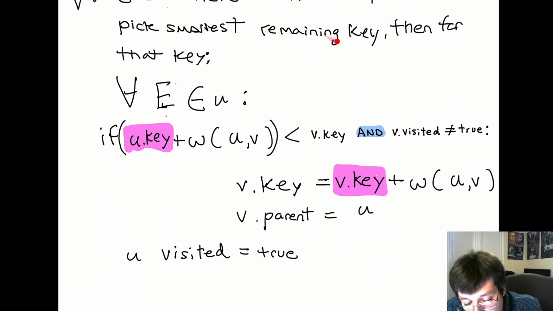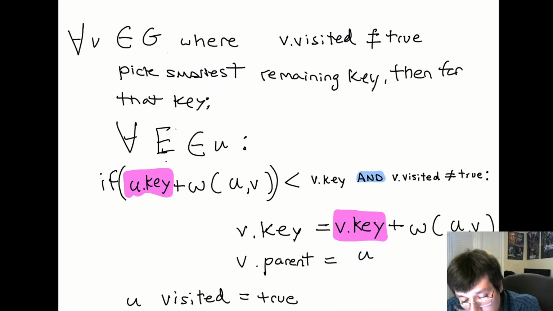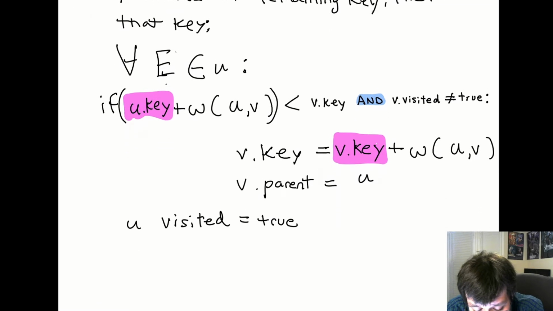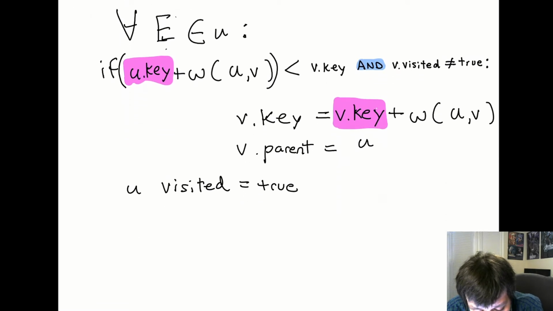Pick the smallest remaining key of this non-visited, non-set-to-true set of vertices, and then for that key, go ahead and do, what was this E element? No, there exists. No, that's backward E. E edges, I think it is.